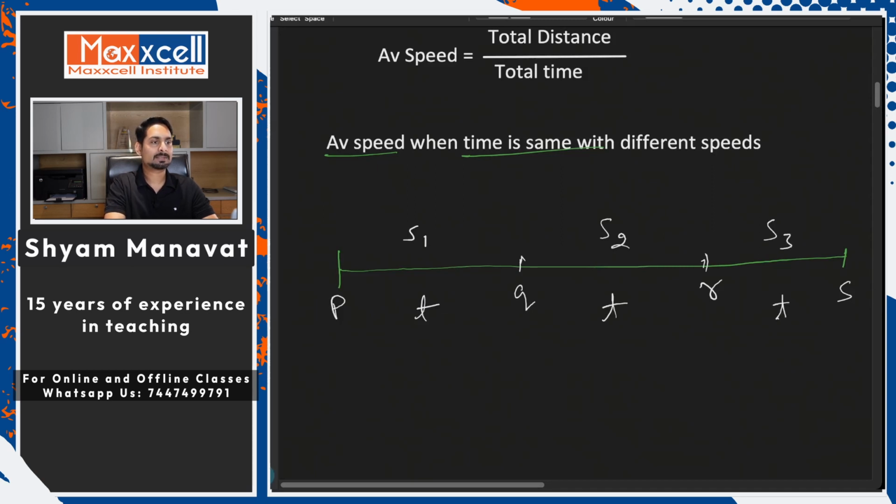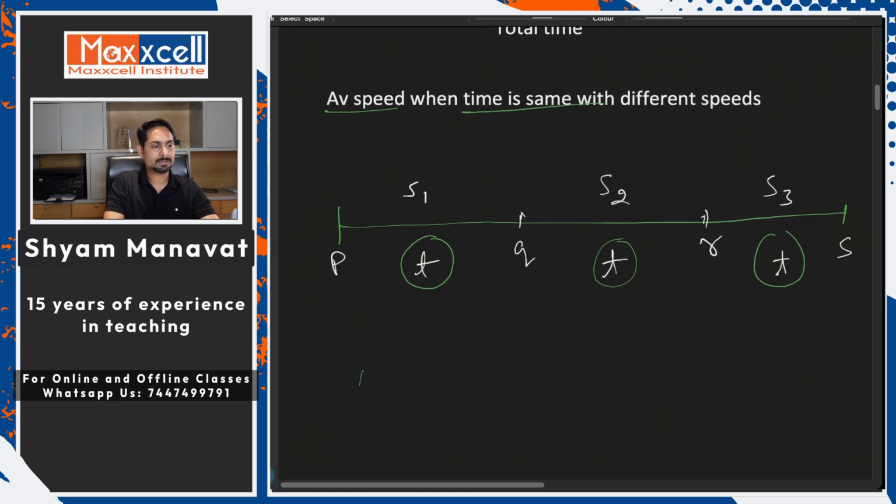So time is the same here. Now we need to find the average speed in case time is the same with different speeds.